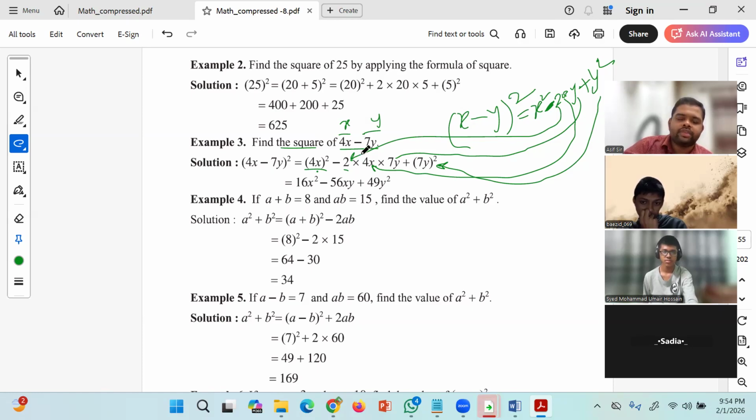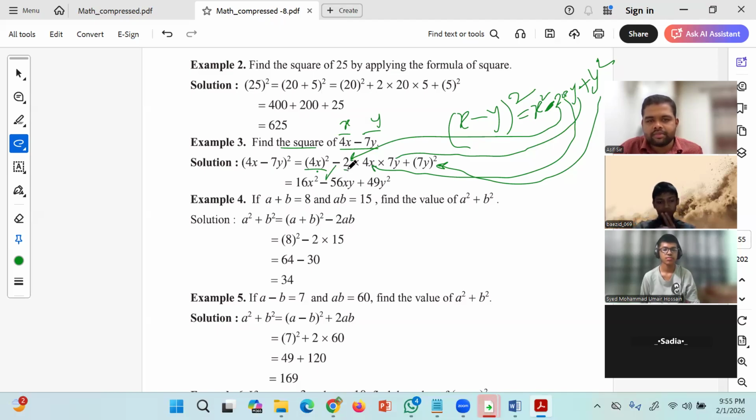Okay. So the rest of the part is similar, basic calculation of addition and subtraction. 4x square, which is 4 times 4, which is 16, right? And x square, which is x to the power 2, nothing else. Minus, we can find the minus from here: 2 into 4 into 7.